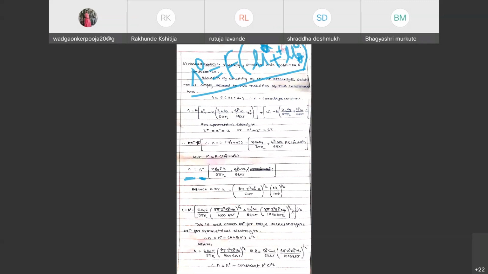So lambda is equal to lambda 0 minus z into, where I was, sorry for the disturbance, let me continue where we were.